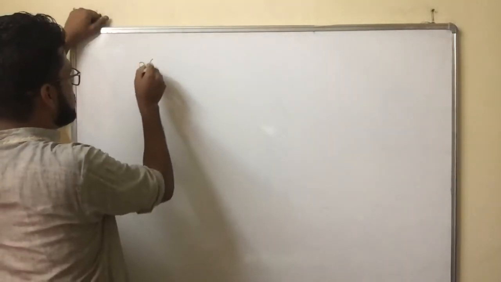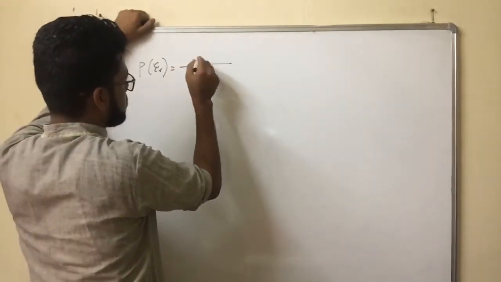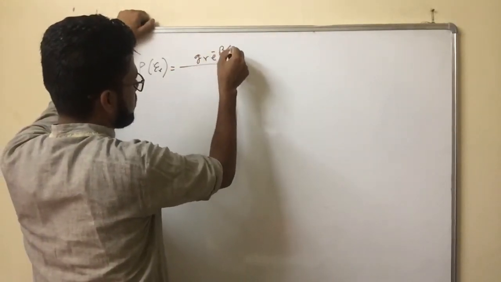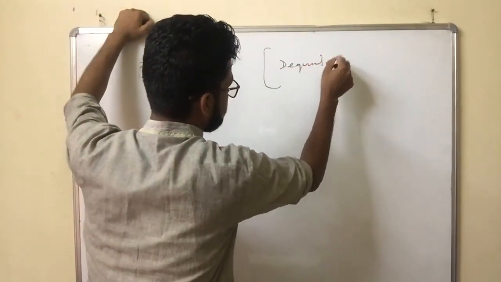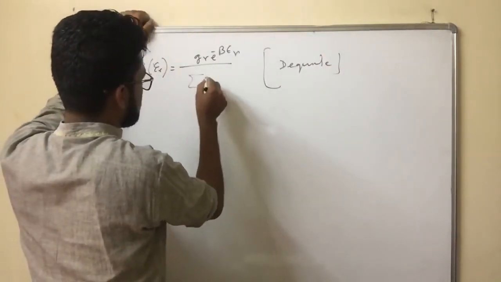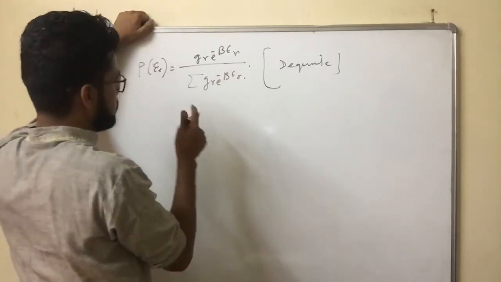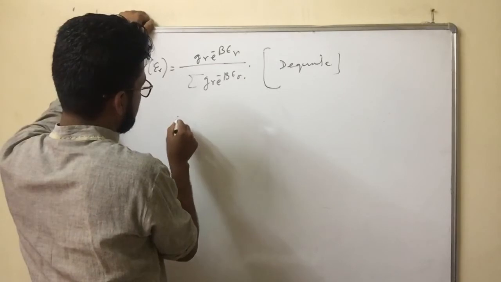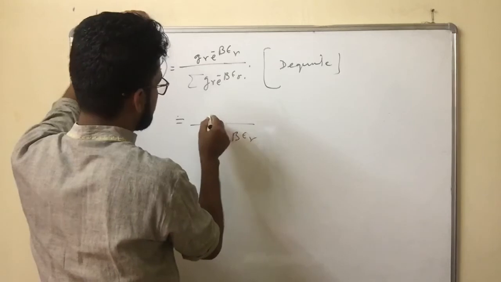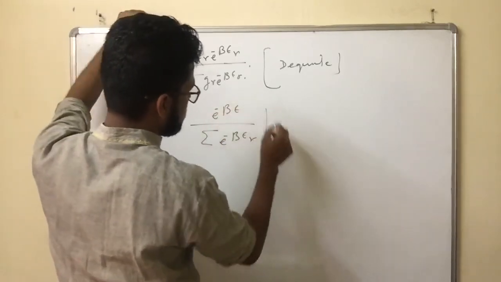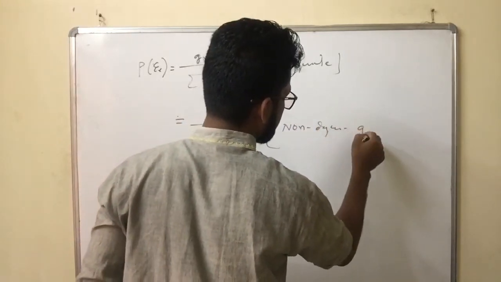The probability we have written is, for a degenerate system, g_r e to the power minus beta E_r divided by the sum of g_r e to the power minus beta E_r. Always remember this is for a degenerate system. For a non-degenerate system, the sum of probabilities of e to the power minus beta E_r is equal to 1.